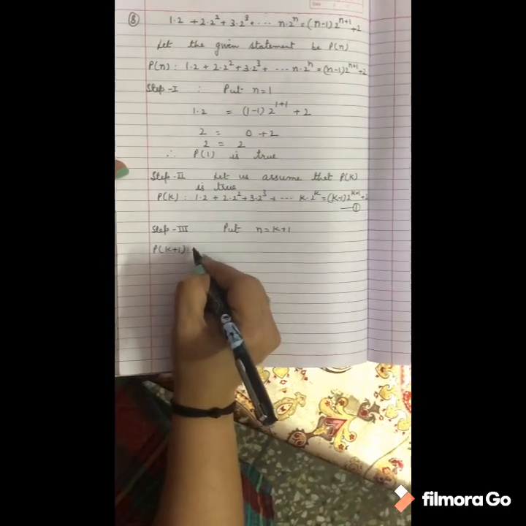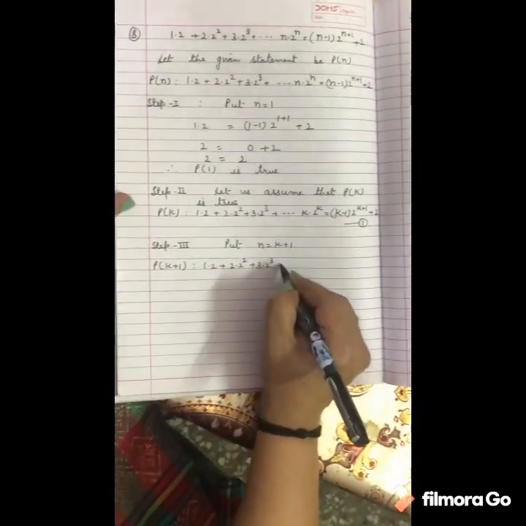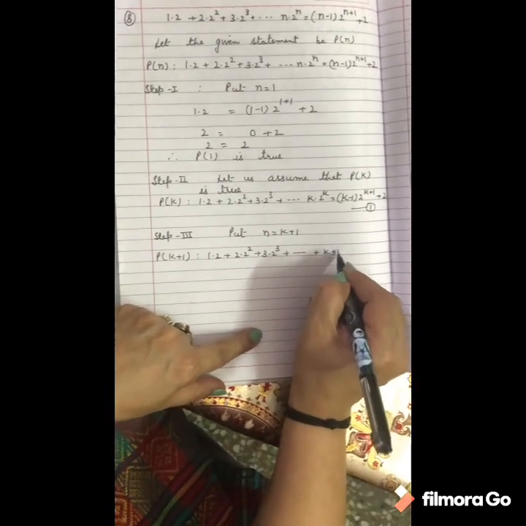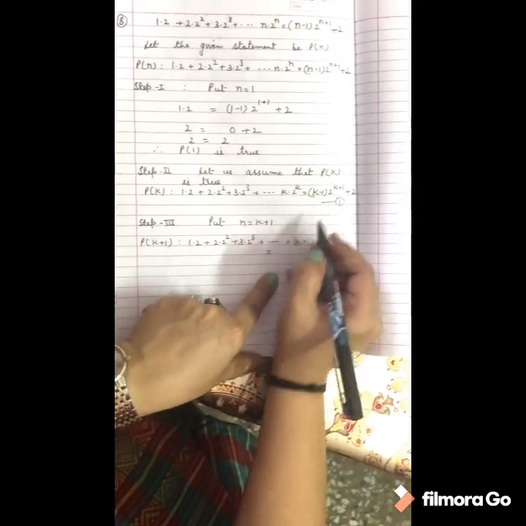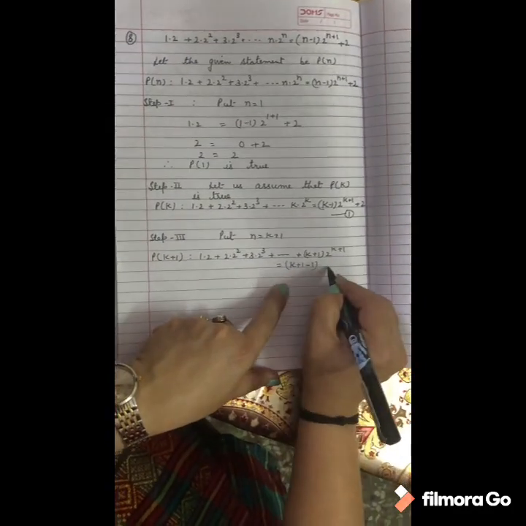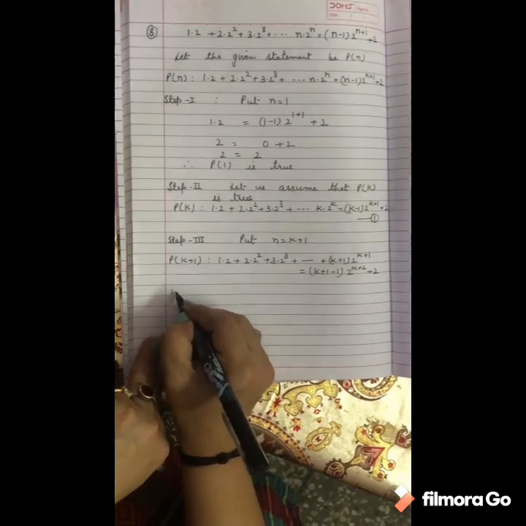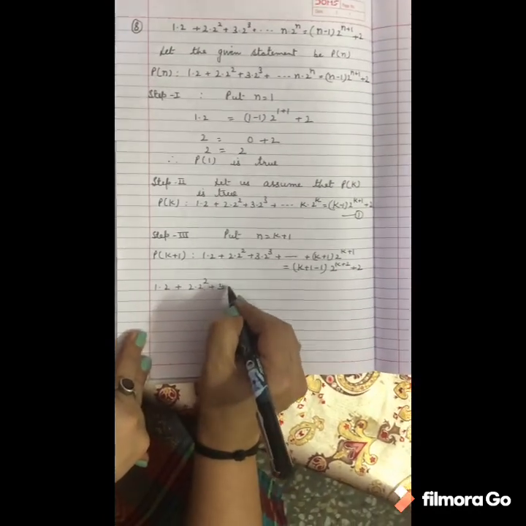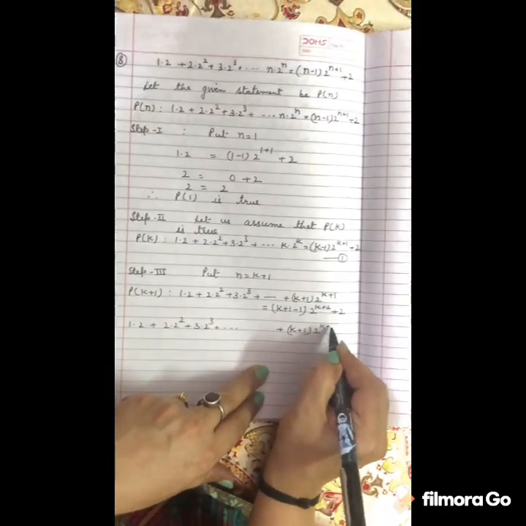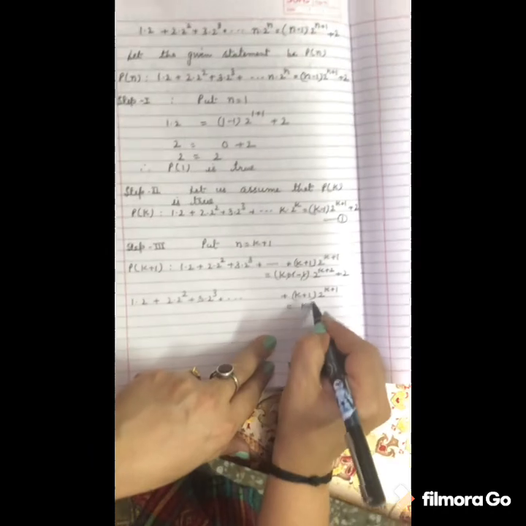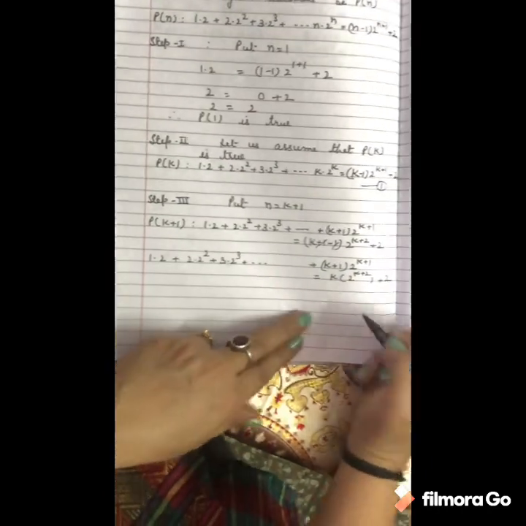The statement becomes P(k+1): 1.2 + 2.2² + 3.2³ + ... + (k+1)2^(k+1) equals, you will replace k by k plus 1, means (k+1-1)2^(k+2) + 2, that is k.2^(k+2) + 2. Right?